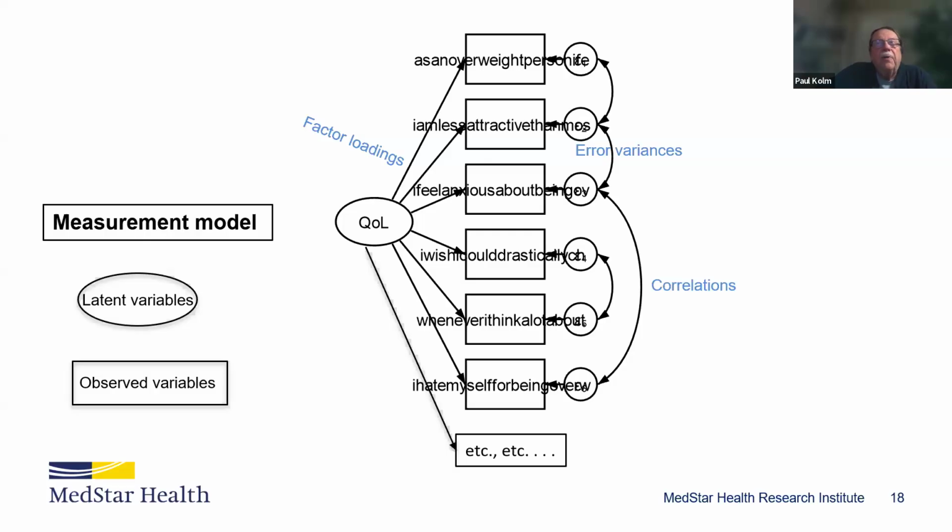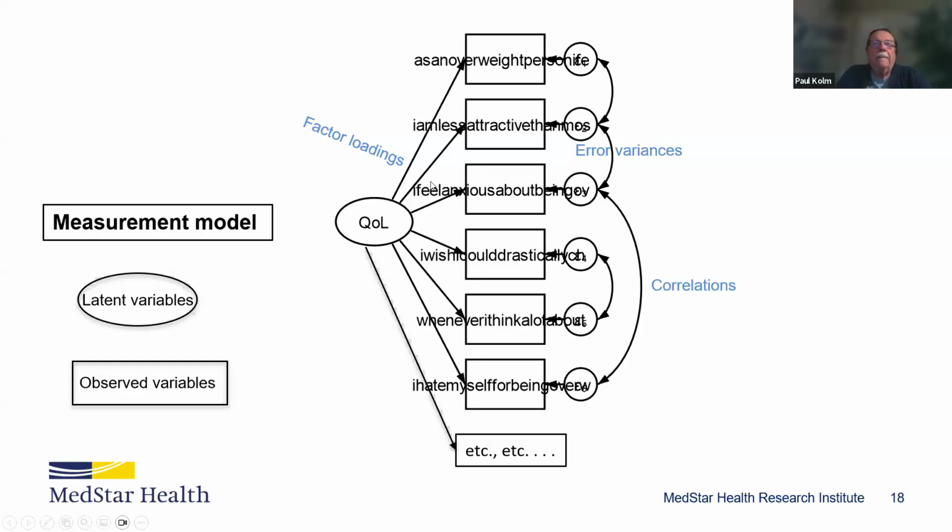Rectangles indicate the observed variables, and the circles indicate error variances of each of the variables. So what this is going to give us, in addition to numbers related to the error variances, is factor loadings. The factor loading is represented by the unidirectional arrow from the latent variable to the observed variable, and we're going to get a number that tells us how strong this loading is.